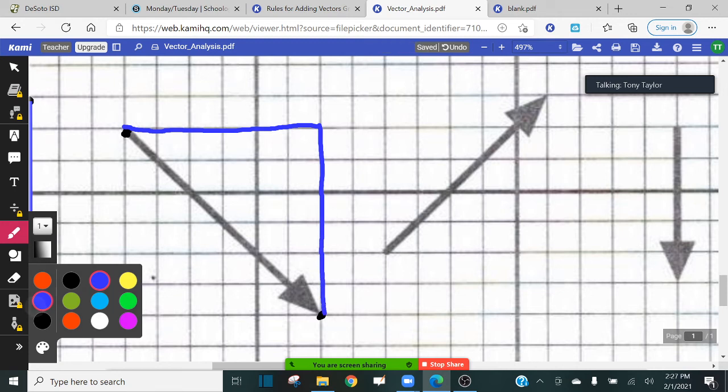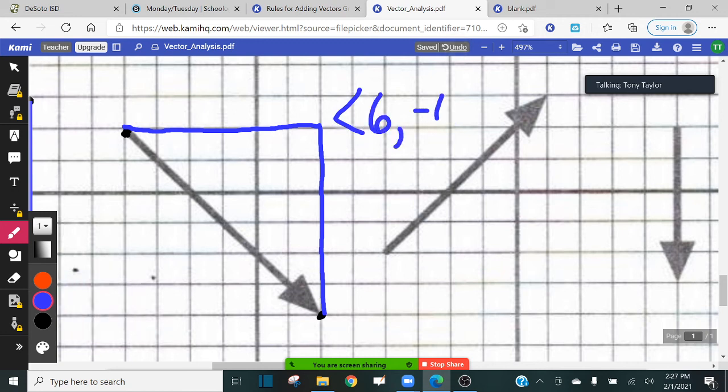So this vector right here has components of +6, -6, right? Because I moved to the right, but I moved down, and remember, down is negative. But whenever you're using Pythagorean's theorem to find the magnitude, you just keep your numbers positive, because remember, anytime you square a negative, a negative times a negative is a positive. Just something to keep in mind.